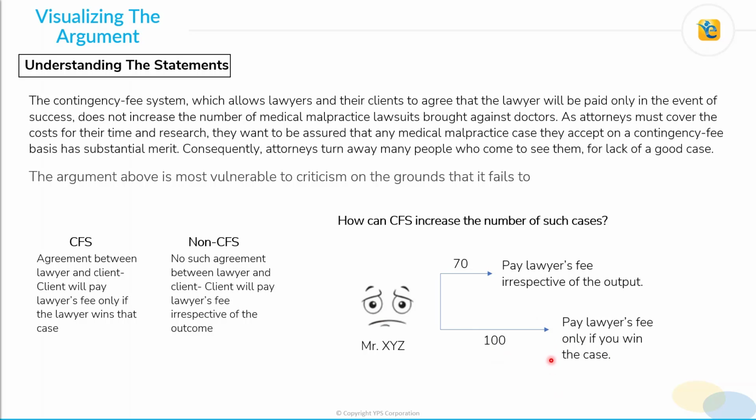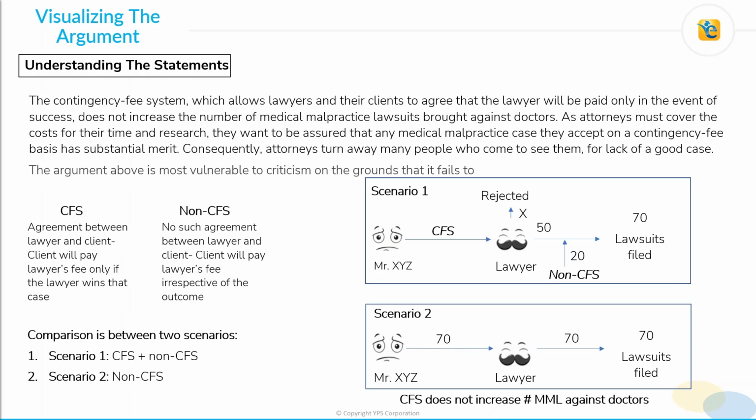However, as we saw in the author's reasoning, so let me go back to it. Yes, this number can go up because of CFS. However, it is getting throttled here. The lawyers are rejecting some of these cases, and therefore the author is concluding that CFS does not lead to an increase in the number of such lawsuits.